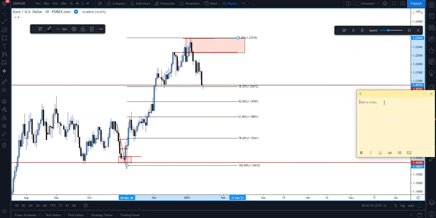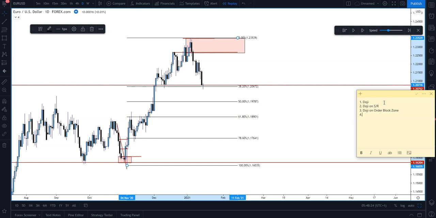We literally have confluence number 1 being a doji. Confluence number 2, doji on SR, support resistance zone. Confluence number 3, doji on order block zone.